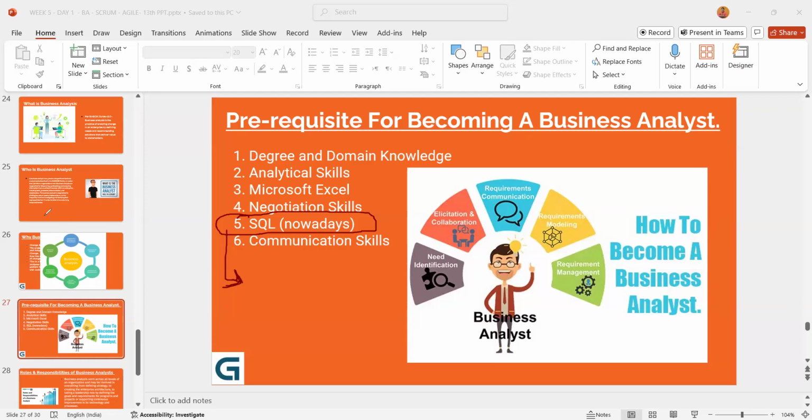As a business analyst, if you need to learn SQL, you will only learn SQL to detect the impact on the existing system. To detect what, everyone? The impact on the existing system. But the impact of what?